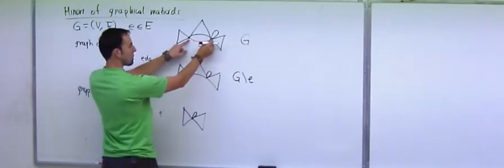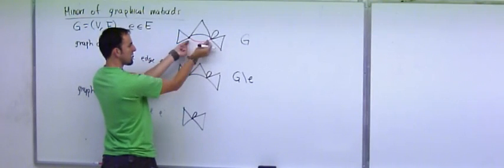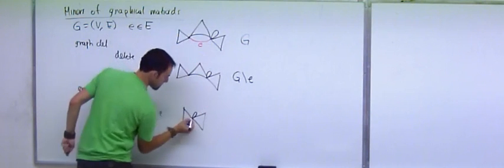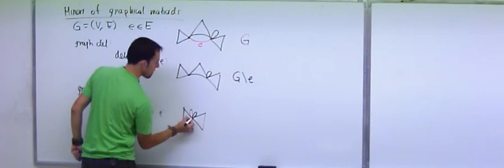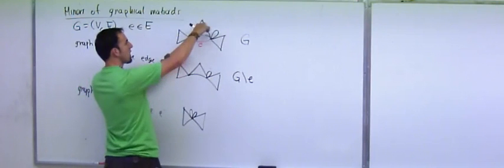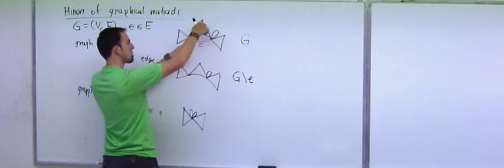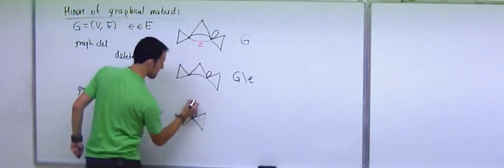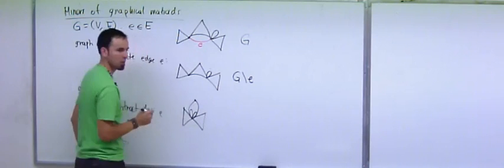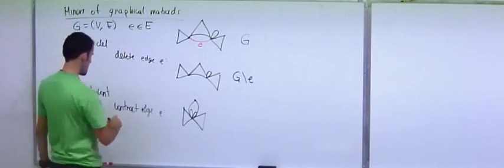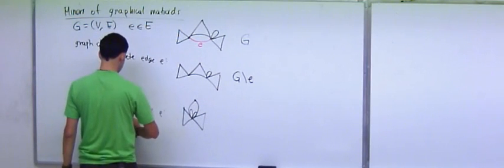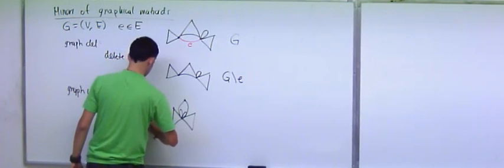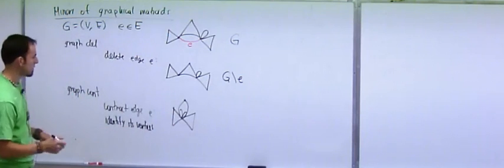And when these two vertices get identified, the edge between them becomes a loop. So I get another loop here. And then I had two guys here. So this vertex is connected to this one and to this one, but these got identified. And so those are going to become two different edges, like this. Okay. So contract edge E, identify its vertices. This is contraction.